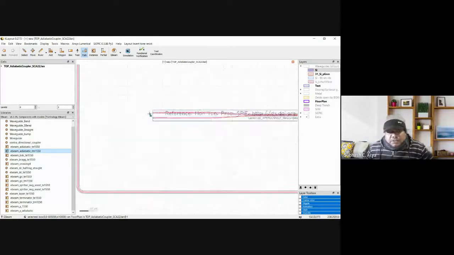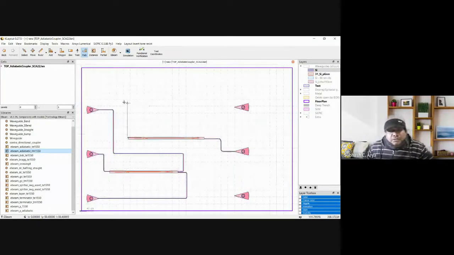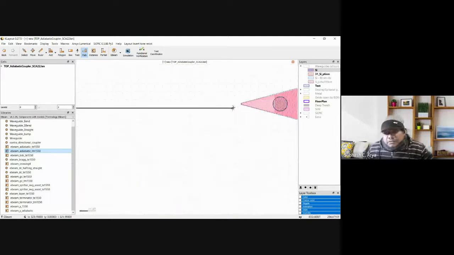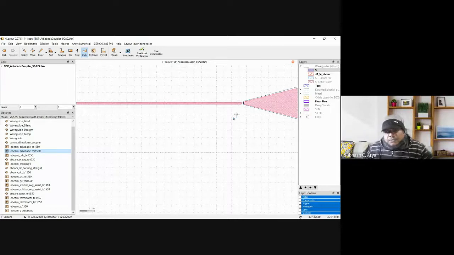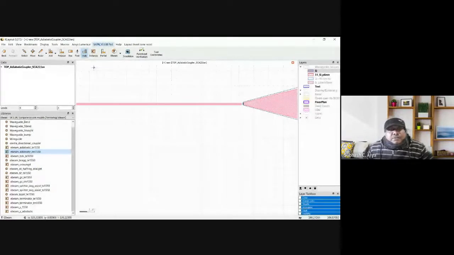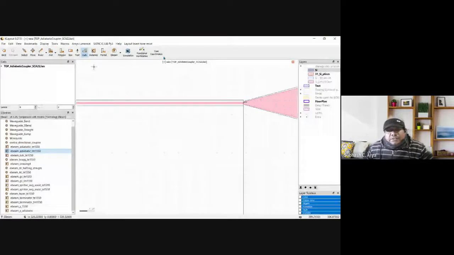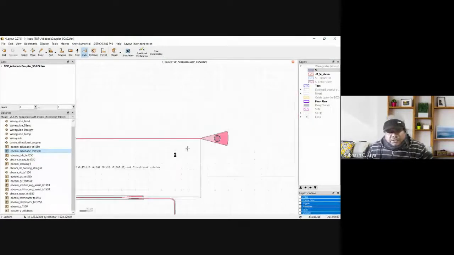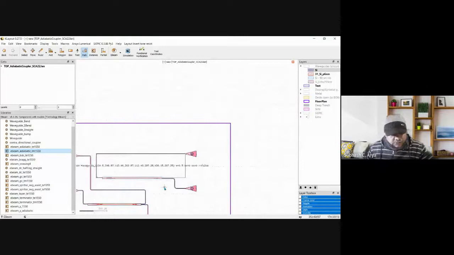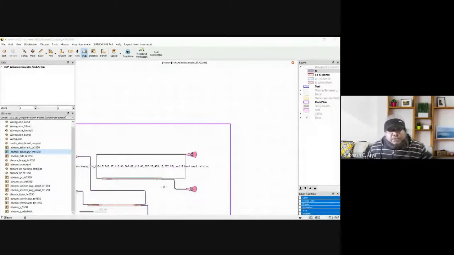So I will connect from this output port to this side, to here, and this path to waveguide has taken. I have to see whether it is coming.